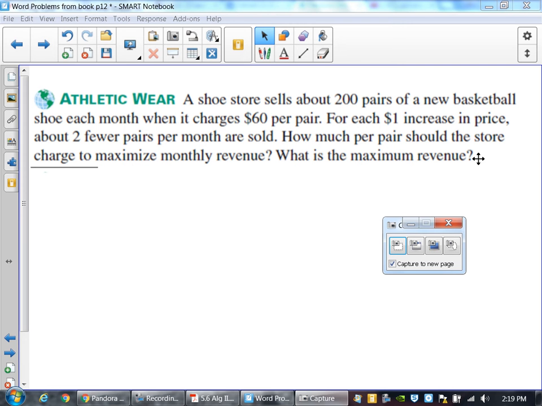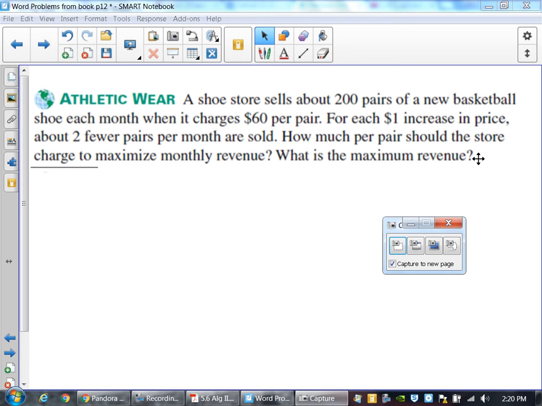This is an example of cost and sales, because obviously we have sales of shoes and costs of shoes. When we read it: a shoe store sells 200 pairs of basketball shoes each month when it's $60 a pair. For each $1 increase in price, about 2 fewer pairs per month are sold. How much per pair should the store charge to maximize their monthly revenue?